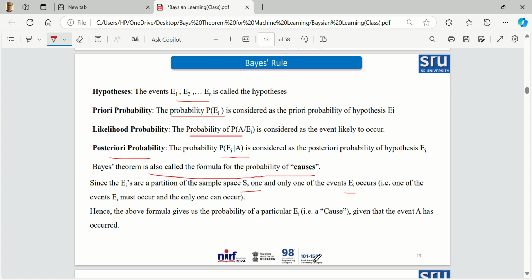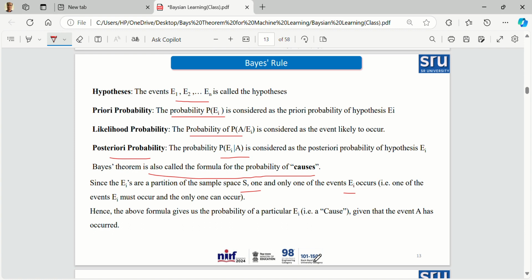The 3 events E1, E2, E3 are the 3 symptoms. And A is the result, that is fever. Now you have to calculate whether this fever is due to headache or body ache or the temperature, or any combination.